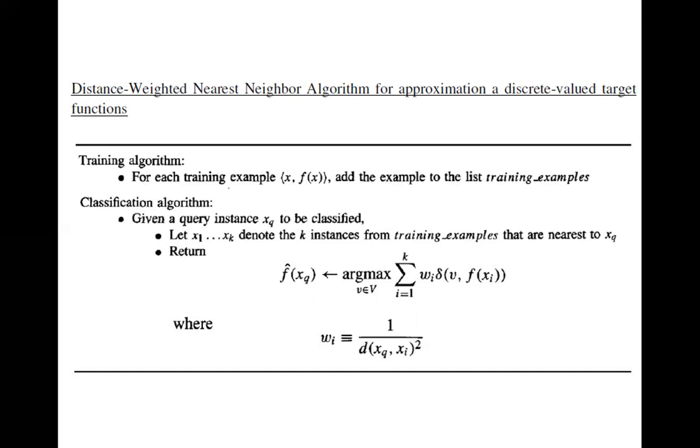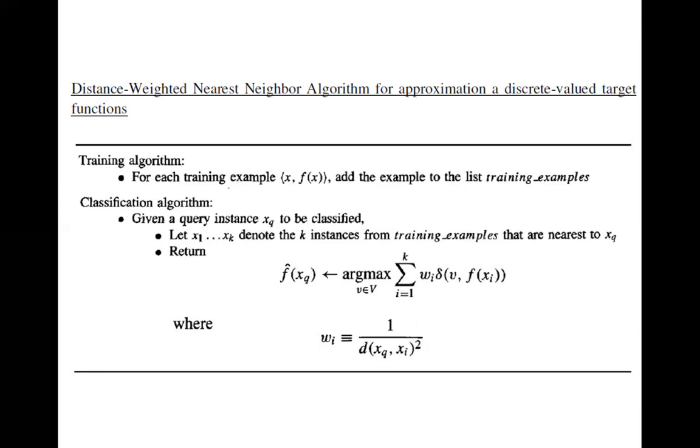And then once training is over, we have to do the classification. Given a query instance xq, I need to find out to which class xq belongs. Xq has to be classified. Let x1, x2, up to xk denote the k instances from the training examples, where x always indicates the input. So there are k training examples that are nearest to xq.